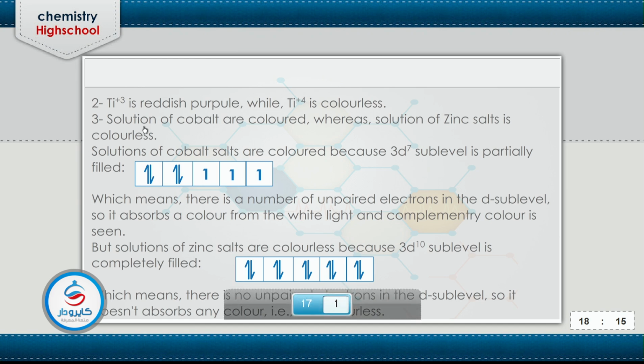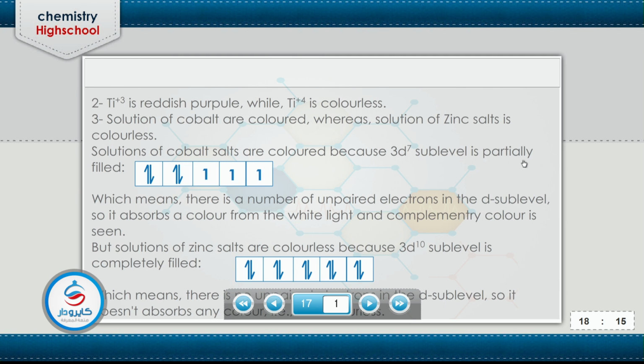Number 3: solutions of cobalt salts are colored, whereas solutions of zinc salts are colorless. The answer: solutions of cobalt salts are colored because the 3d level has 7 electrons.